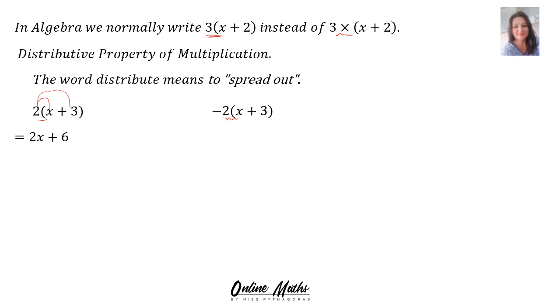So we're going to say minus 2 times x is minus 2x. And then minus 2 times plus 3 is negative 6. The 5 stands directly next to the bracket. Therefore, 5 times a is 5a, and 5 times 5 is 25.